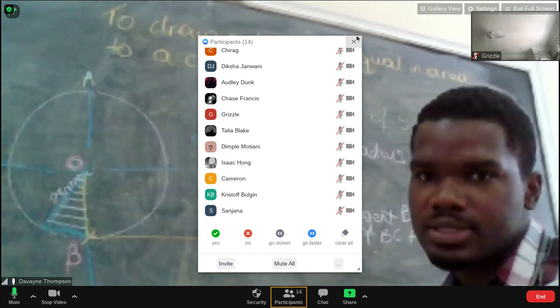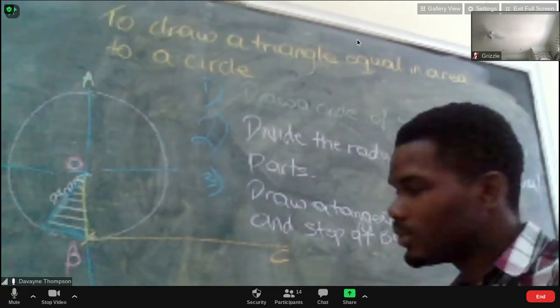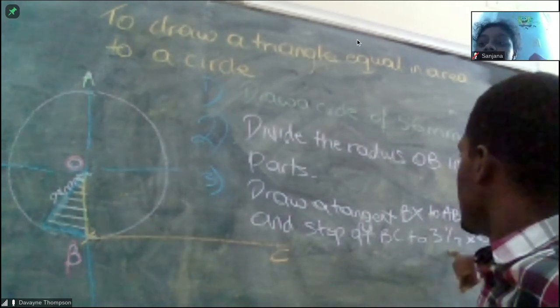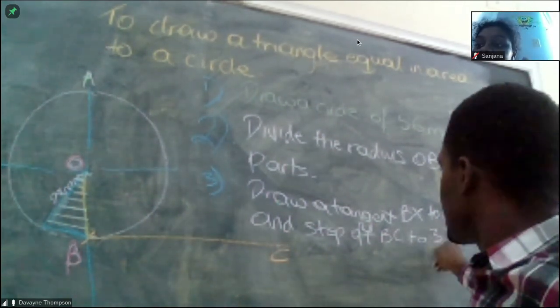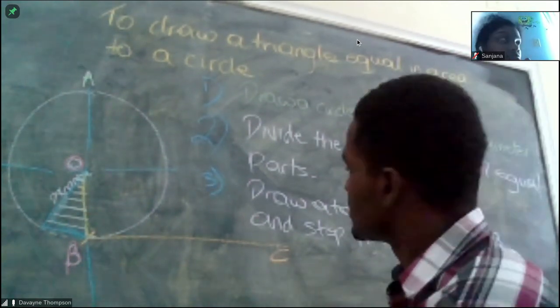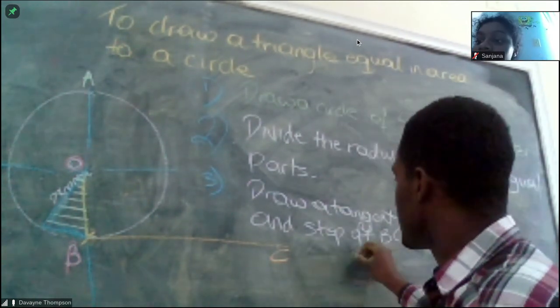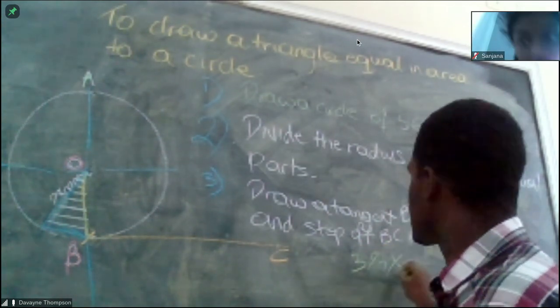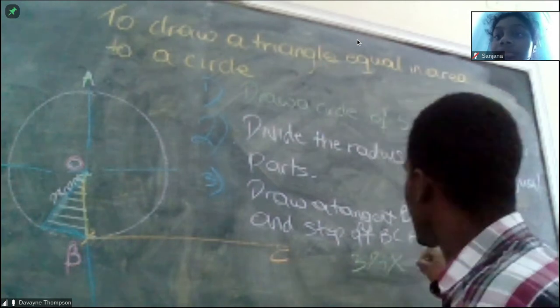Good afternoon, Sanjana. Good afternoon, sir. You should find quickly what is 3 1/7 times OB. So the formula is therefore going to be 3 1/7 times OB, which was 28 millimeters.